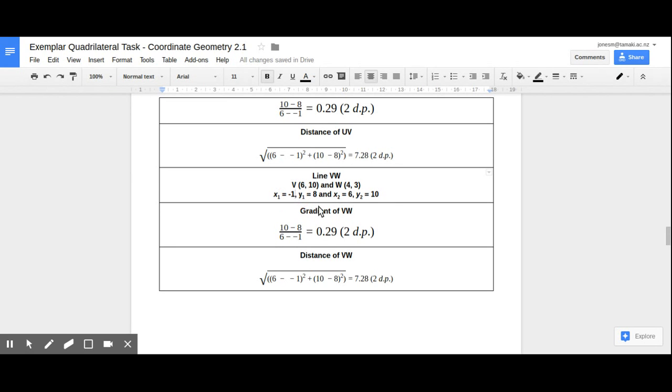So for our x1 we have 6, for our y1 we have 10, for our x2 we have 4, and for our y2 we have 3. Okay, so then in our gradient formula we have y2, which is 3, minus y1, which is 10, over our x2, which is 4, minus our x1, which is 6.